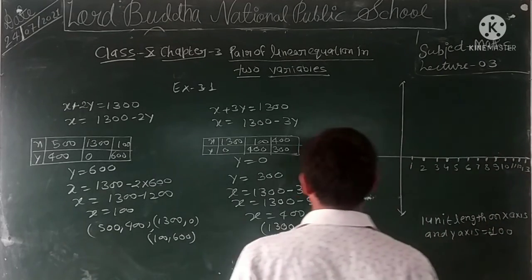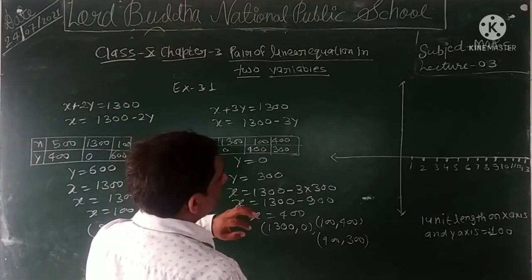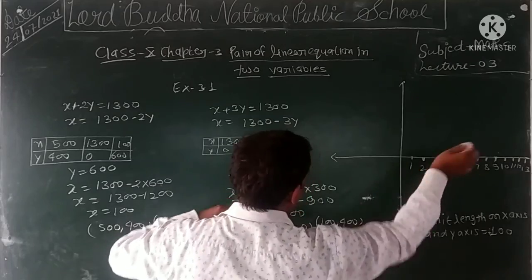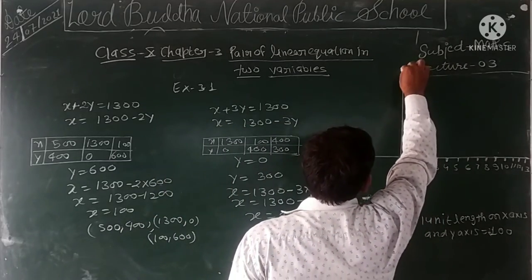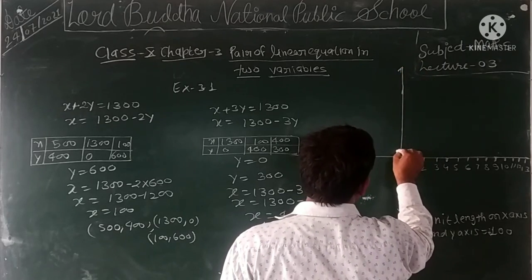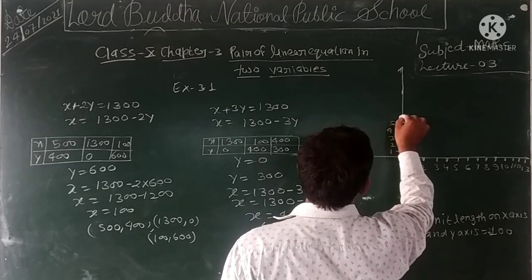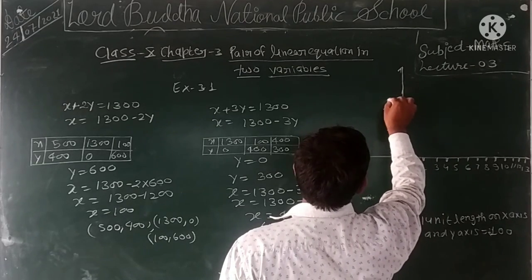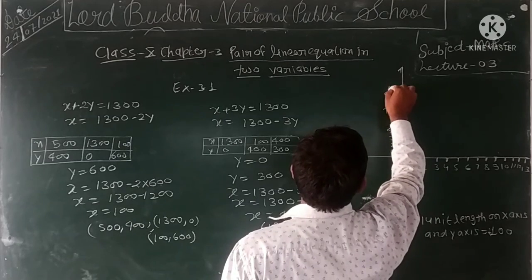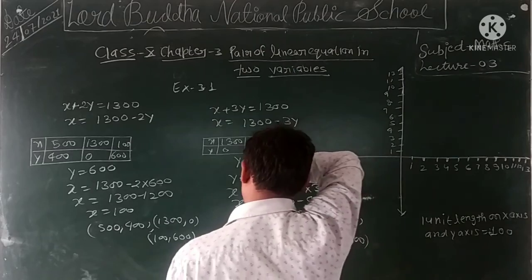Okay, 1300. Because we have not taken negative values, the x-axis maximum 13 we take here on y-axis. 1 2 3 4 5 6 7 8 9 10 11 and 1300.